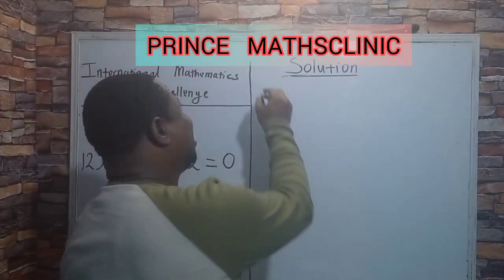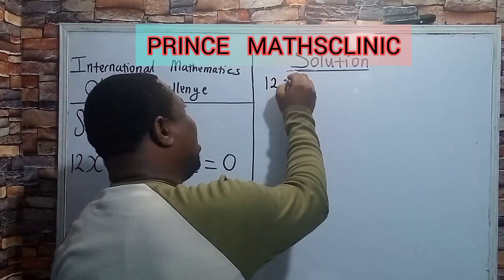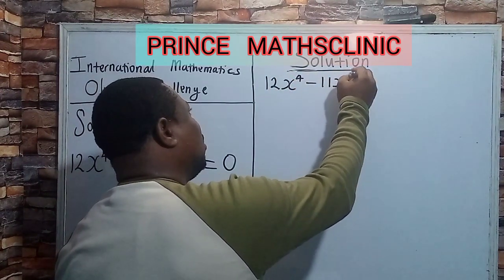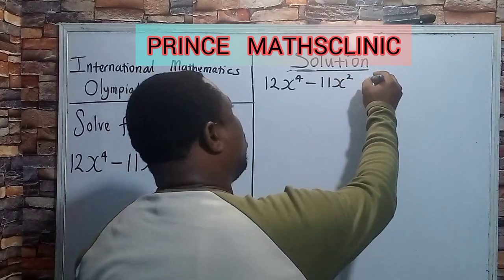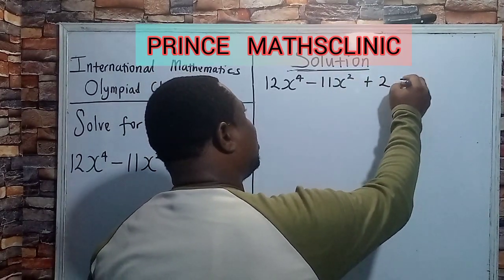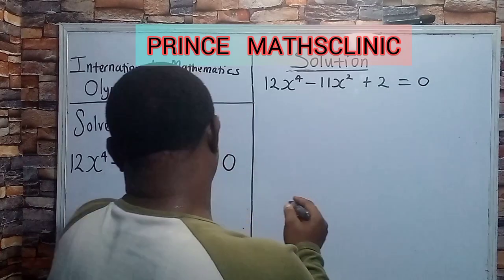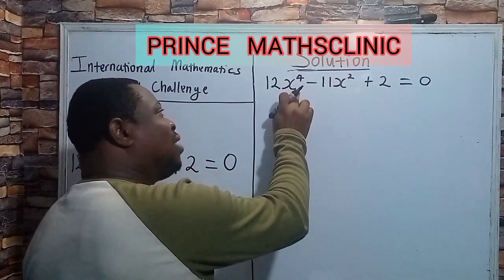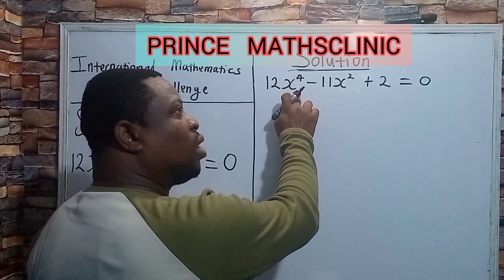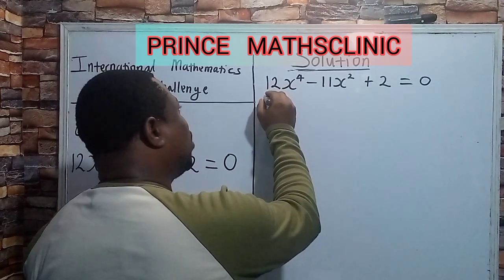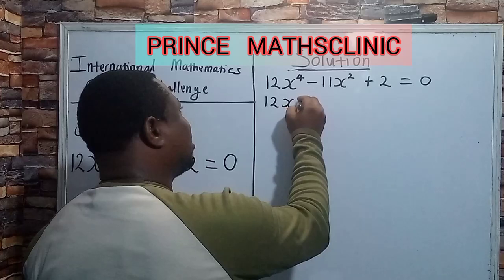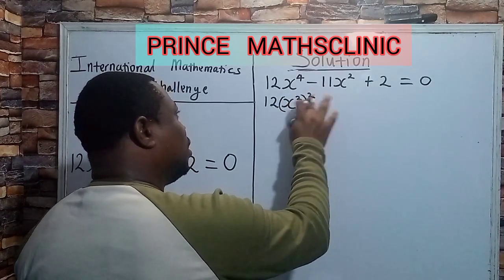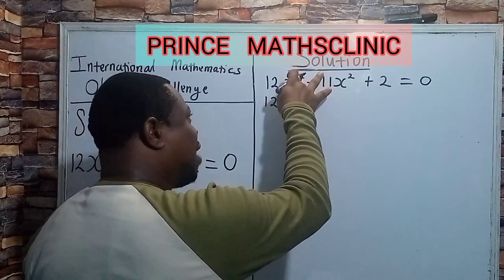Now, we were given that 12x to the power of 4 minus 11x to the power of 2 plus 2 is equal to 0. Since this is x squared, I like to factor this to look like x squared. I'm going to say 12 times x squared, and when you square this, 2 times 2 gives us back 4.